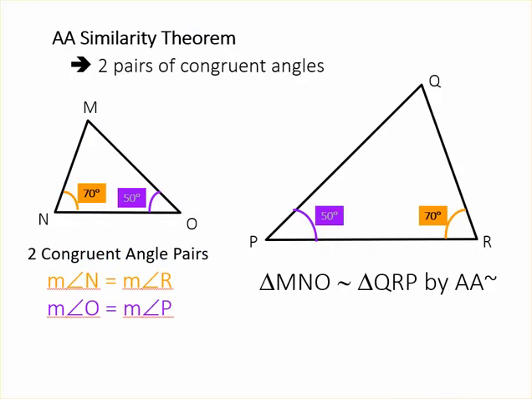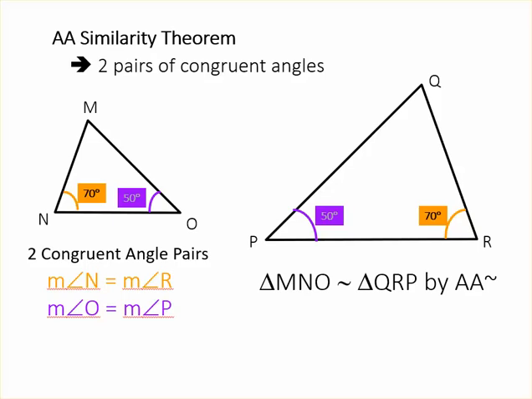Our first way to know if 2 triangles are similar is called the angle-angle similarity theorem. And this means that if we have 2 pairs of congruent angles, then our triangles are going to be similar. So looking in this picture, we are told that angle N is equal to angle R, and angle O is equal to angle P. Therefore, we can write a similarity statement.